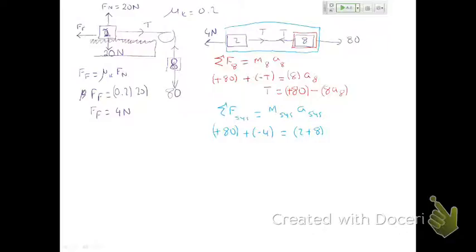When I see 2 plus 8, I know I added my two masses together. I didn't forget. Times A of the system. So that's going to be 76 is equal to 10 A system. So A system is equal to 76 over 10, which equals plus 7.6 meters per second squared.